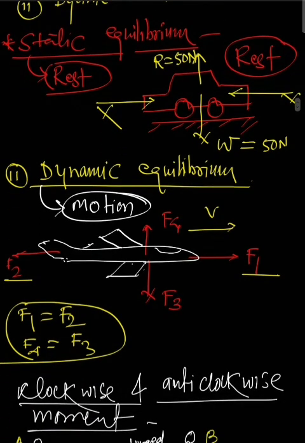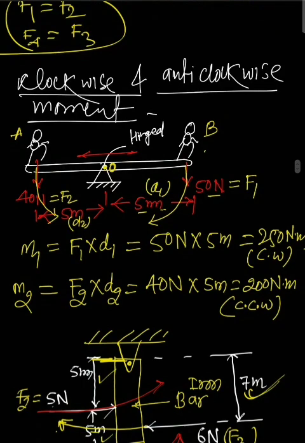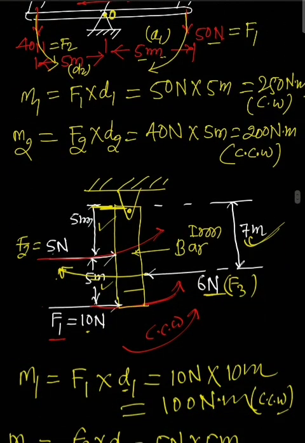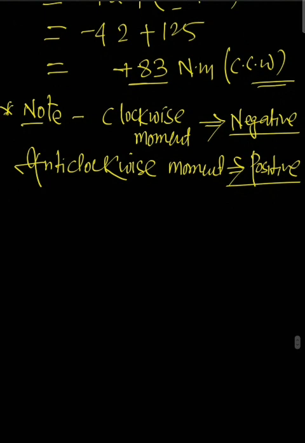That one is called static equilibrium. Dynamic equilibrium means when the effect of forces acting on a body is zero when it is in motion. That one is called dynamic equilibrium. Then we have discussed clockwise moment and anti-clockwise moment, and I have told you which moment we have to take negative and positive.